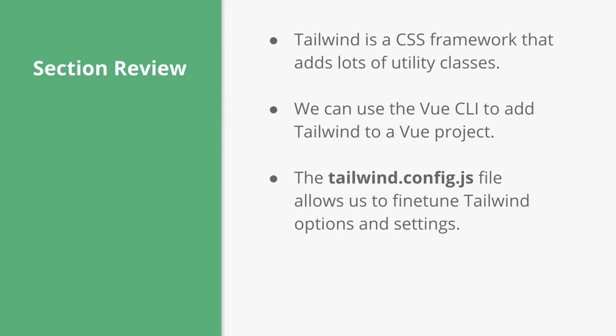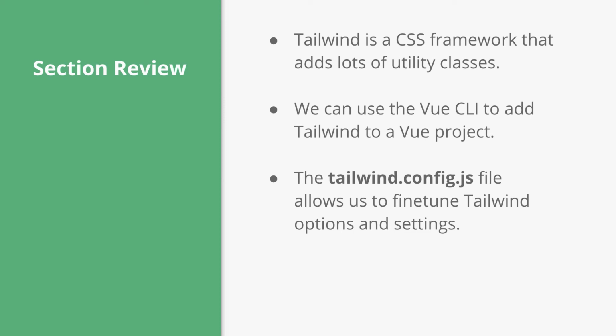Tailwind, of course, is a CSS framework that adds lots of utility classes, ready-made classes for us to use in our project that deal with everything from margin to padding to font size to text alignment to display, etc. Instead of having to create our own CSS classes and remember all of those CSS properties, we can just memorize a bunch of Tailwind utility classes or reference the documentation and have this very easy process of iteration where we just simply add those classes to our existing HTML elements and observe the changes in our browser until we find something that fits what we're looking for.